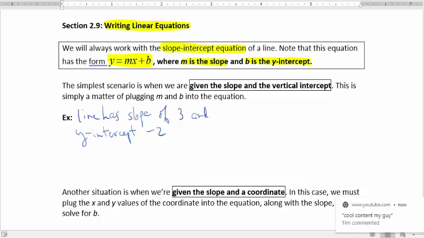So this is the line. The line has a slope of 3 and a y-intercept of -2. So what this means is 3 is going to be our m, and -2 is going to be our b.